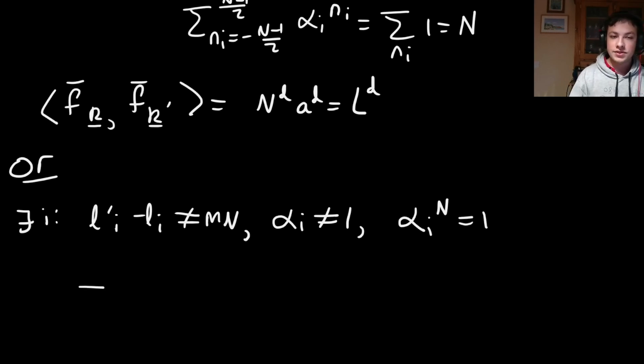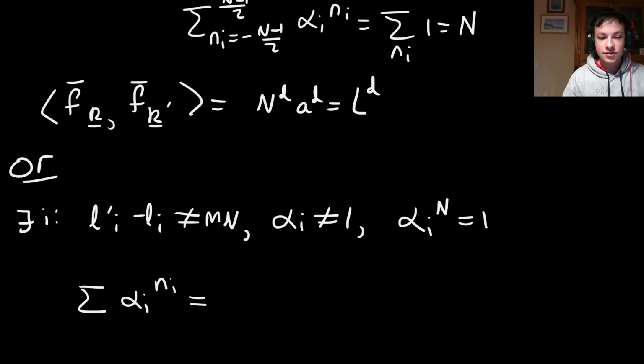And when we do this sum, this is just a simple geometric series. Alpha i to the n_i, let's rewrite that. Remember, n_i starts at minus n minus 1 over 2 and goes to n minus 1 over 2.